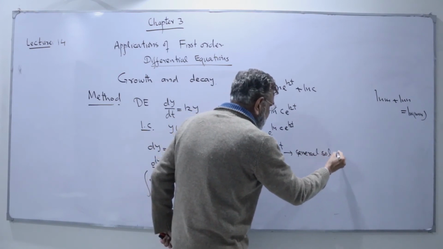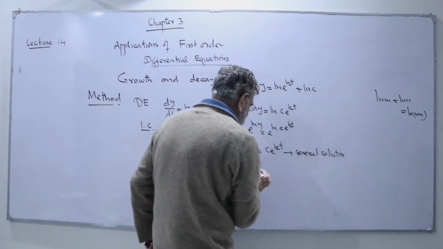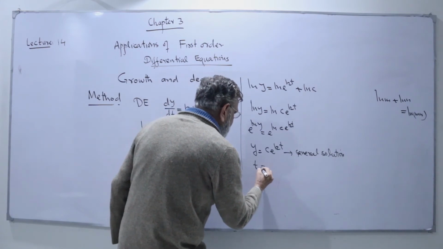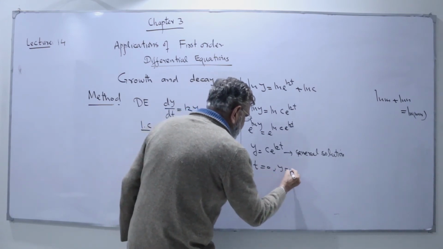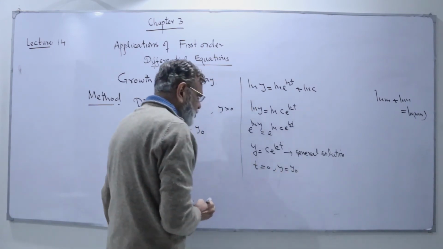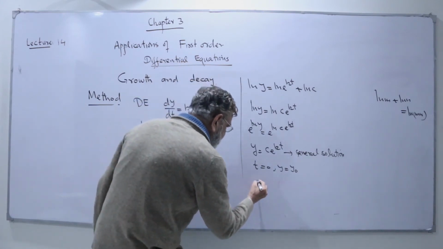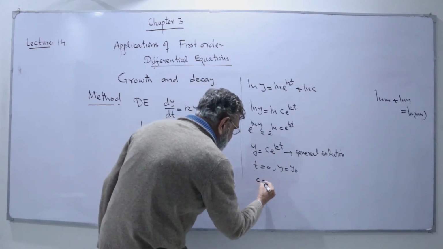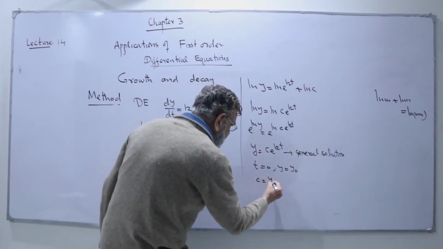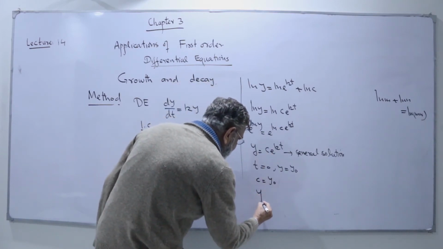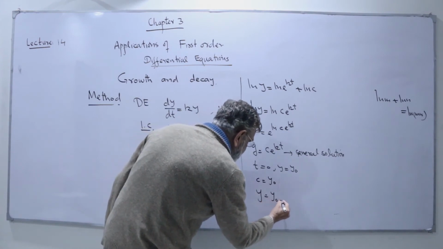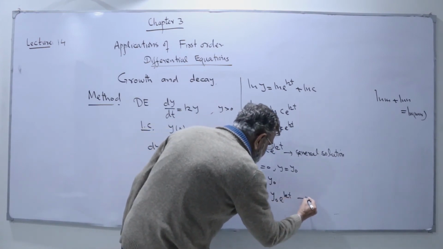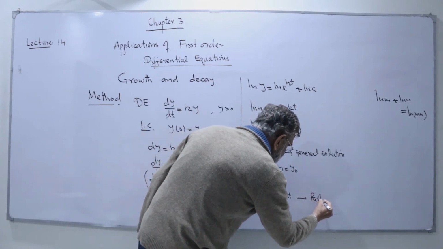I have the initial condition, I use this and get the value of c. When t equal to 0, y equal to y0. So I substitute this: when t equal to 0, e to the power 0 is equal to 1, and c is equal to y0. So I get y is equal to y0 e to the power kt. This is my particular solution.